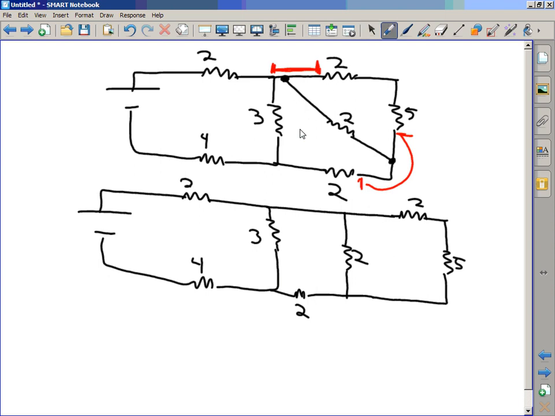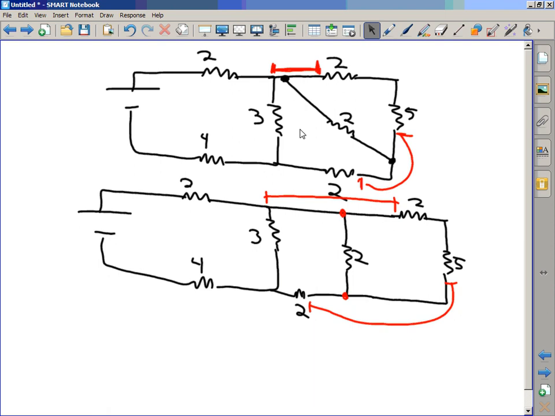The junction still is between the other junction and that resistor, and still between those two resistors. So that 2 is going to be parallel to the 2 and 5 that are in series. So find for me the equivalent resistance of this circuit.